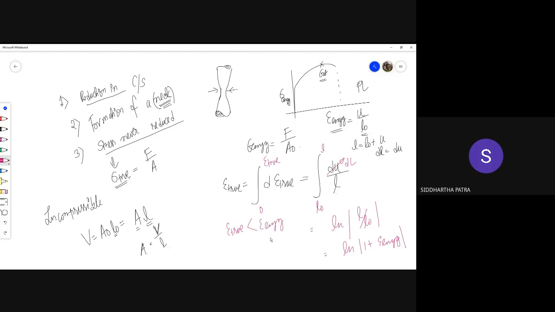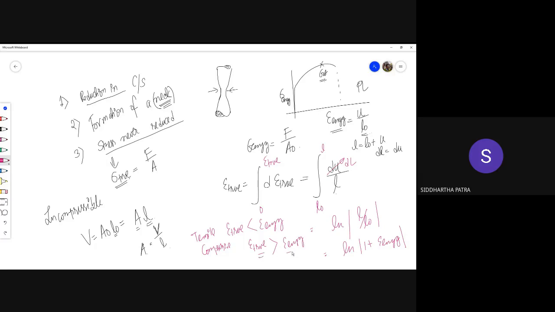And in compressive loading, the true strain is actually higher than the engineering strain.